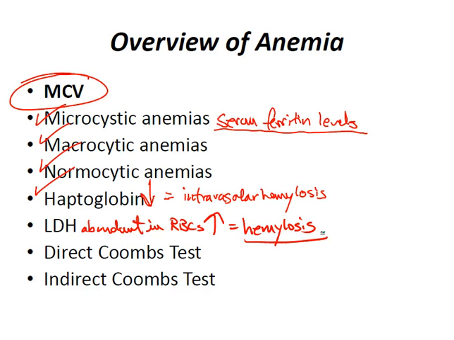So what about the direct Coombs test? Well, the direct Coombs test, aka the direct antiglobulin test, is used to detect antibodies that are bound directly to the surface of RBCs.